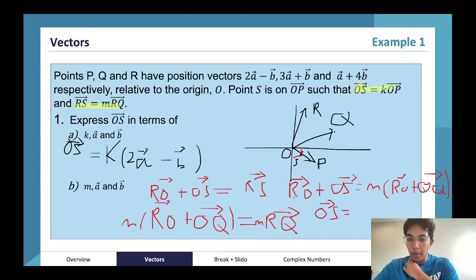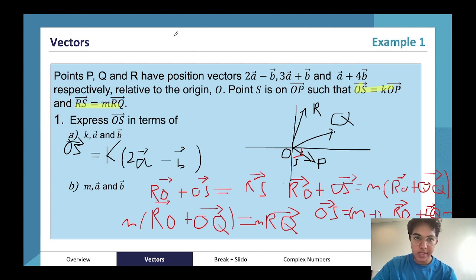We'll have MRO minus RO, so that's going to be M minus 1 RO plus MOQ. Sorry, that's really messy. And then the last thing to do is to chuck in our vectors into here, and then expand and simplify. And that's all that's really left to do.